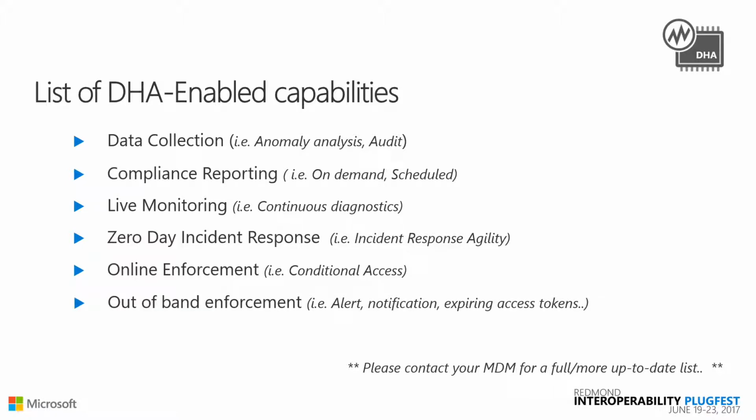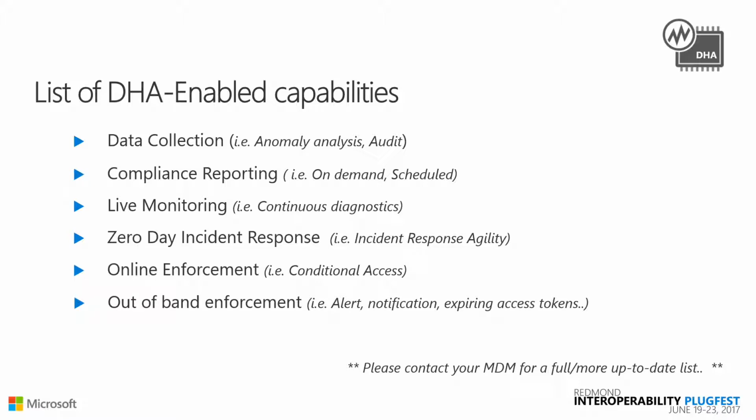And then out-of-band enforcement, which is also very important. Depending on the MDM you're using, you could trigger all different types of alerts, or different kinds of corrective actions based on the situation you're trying to fix. For example, you can email people, or you can send the device to a honeypot so you can look further into what is happening.